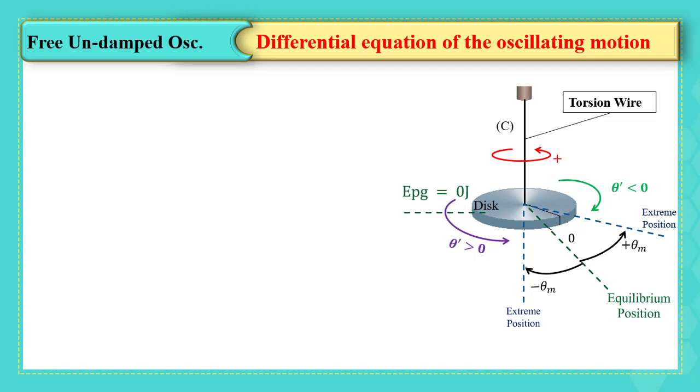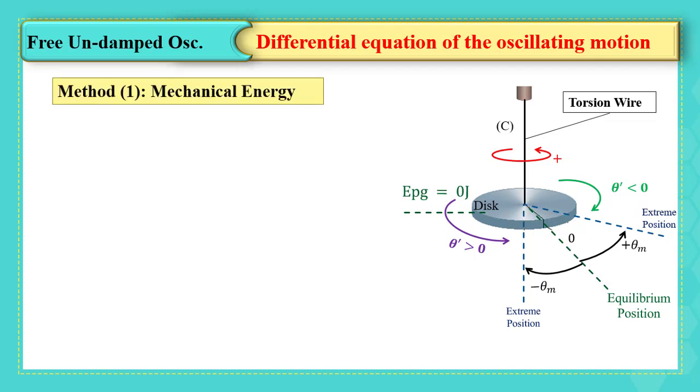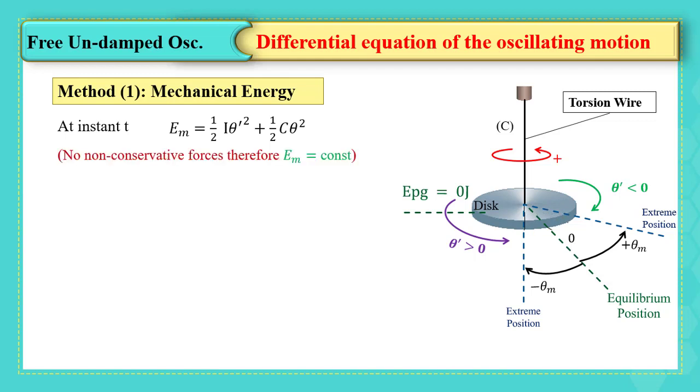So method 1, mechanical energy. At instant t, we have mechanical energy as half I theta prime squared plus half C theta squared. What is the second step? Good. We know that the mechanical energy is constant because there are no non-conservative forces. So we can take the derivative, and the derivative of the mechanical energy is 0.